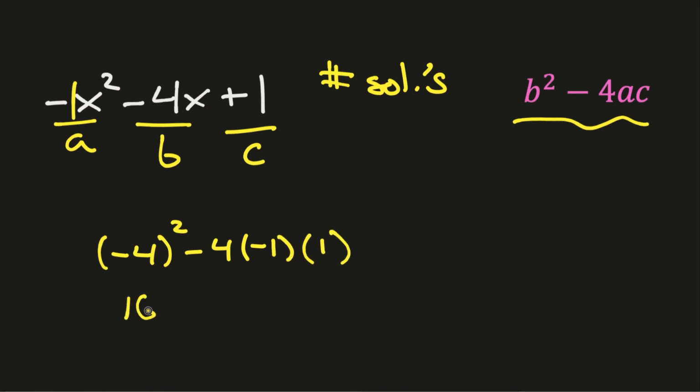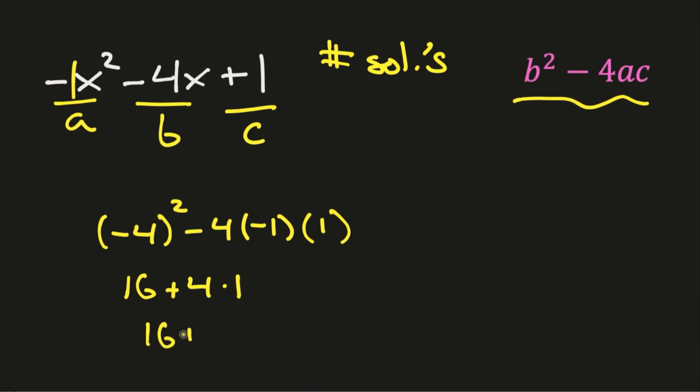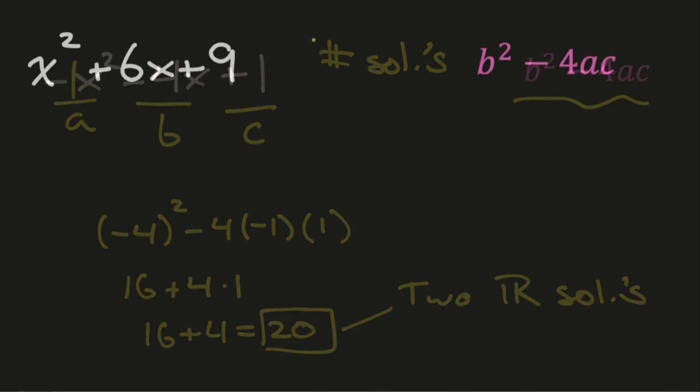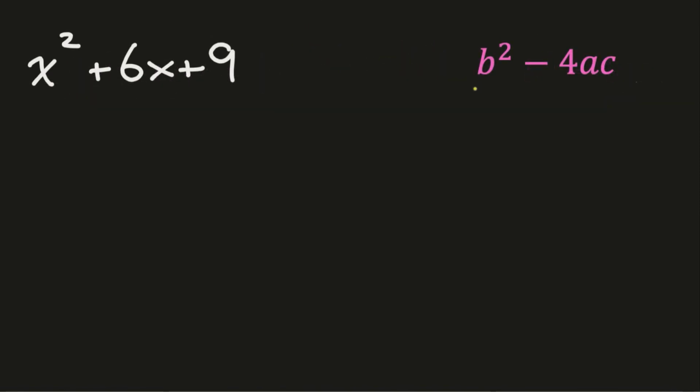Simplifying this would give us 16, so negative 4 times negative 1 would be plus 4 times 1. So we know this is 16 plus 4, in other words, 20. This means that we would have two real solutions.